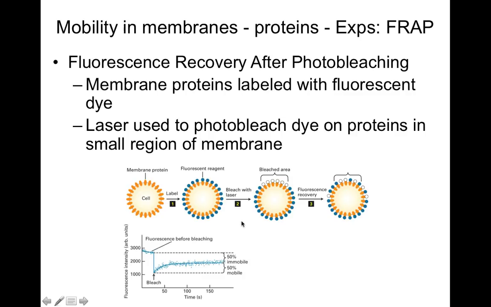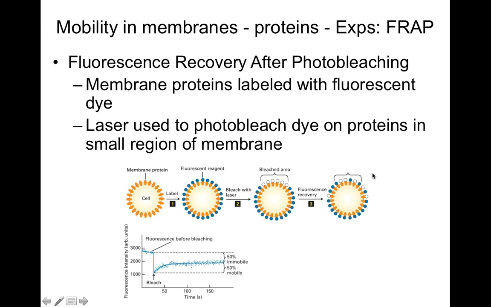They then take a laser and bleach out the fluorescence of a particular area or section of proteins. Then they simply monitor the cell membrane over a given amount of time. After some time, they started to see the fluorescence being recovered, as proteins stained with fluorescence were moving into the bleached areas.